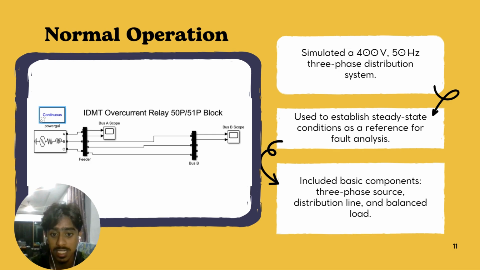As we can see there, it's the normal one without fault implemented. We use this as a standard to establish a steady state condition as a reference for our fault analysis. It includes just the basic components: a three-phase source, distribution lines, and a balanced load.